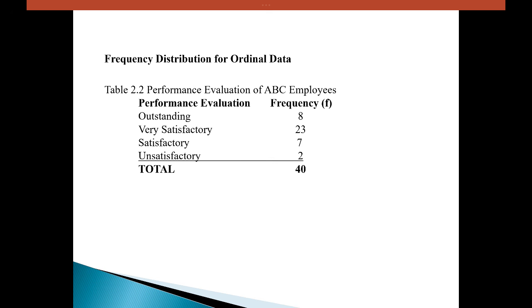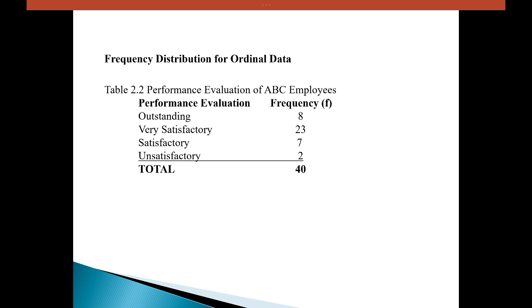Now let's have an example of a frequency distribution for ordinal data. Again, ordinal data, as I have said, has quality like nominal data, but it has order, or you can rank them, which we discussed a while ago. An example of ordinal data is the performance evaluation of ABC employees. Why?